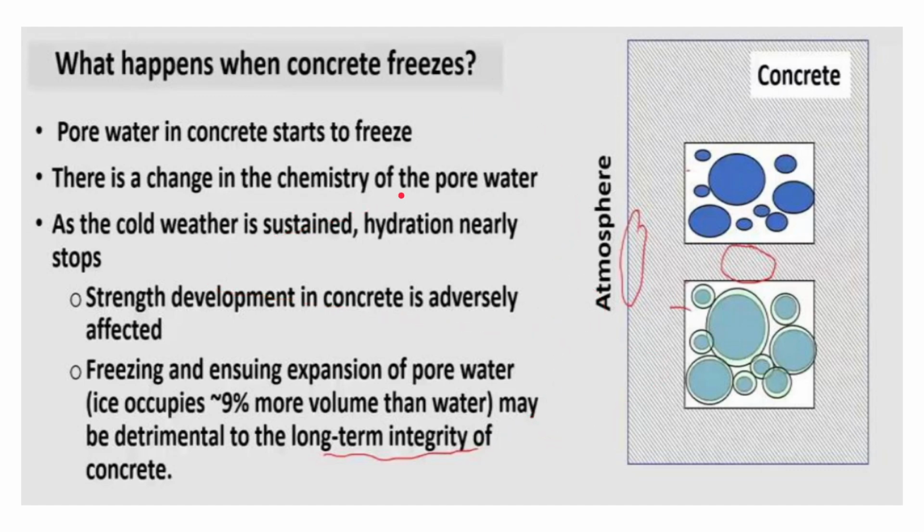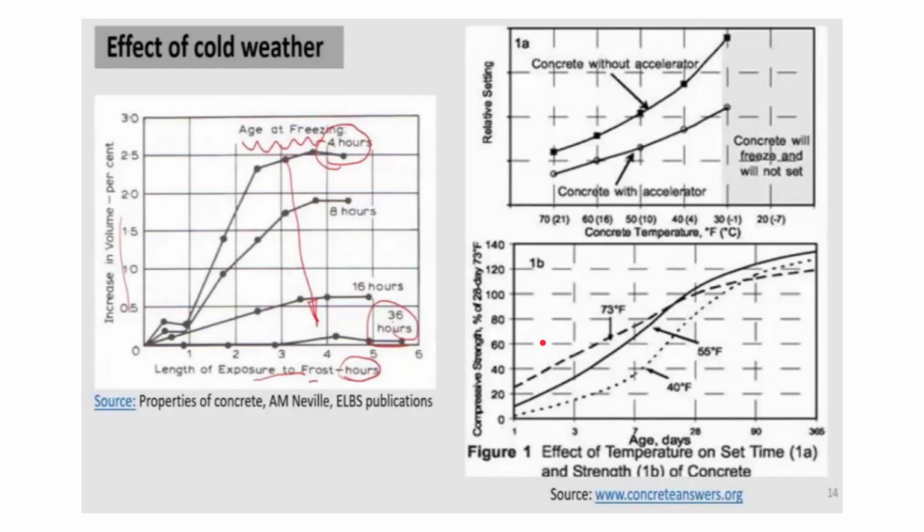That is the main problem associated with freezing. Firstly, the rate of reaction is slowed down or completely stopped, and secondly, because of the increase in pore water volume as it becomes ice, the inner voids will be much larger, which will impact the long term integrity of concrete.